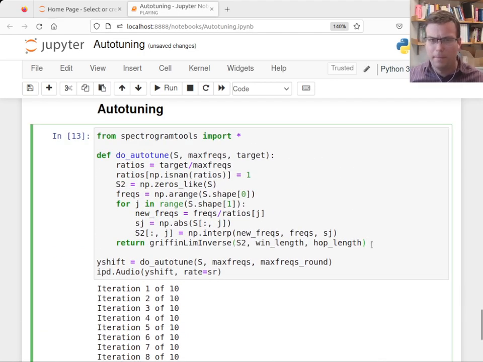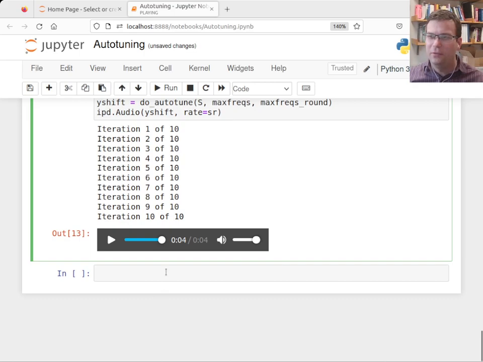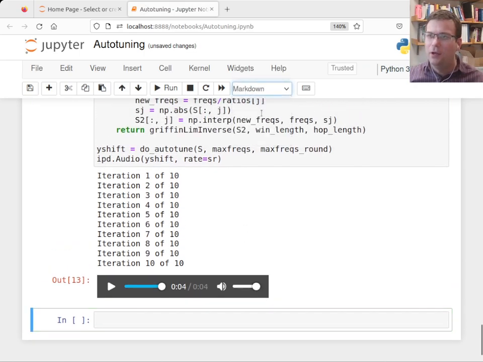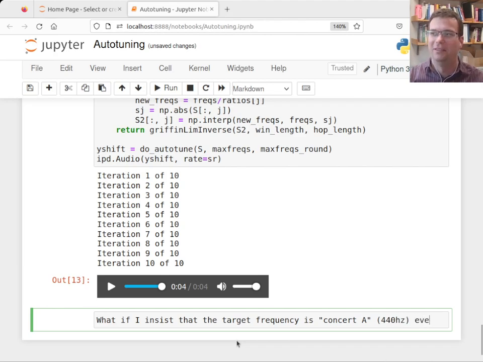That seems okay. But now see the really fun thing I can do. What if I insist that the target frequency is concert A, or 440 hertz everywhere?